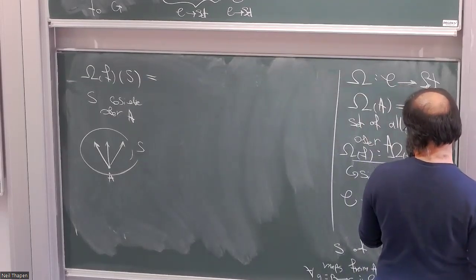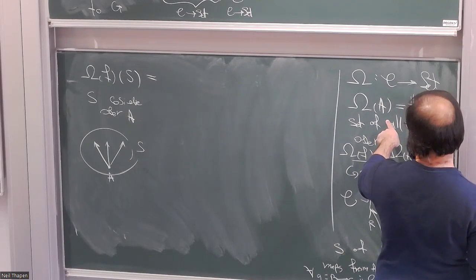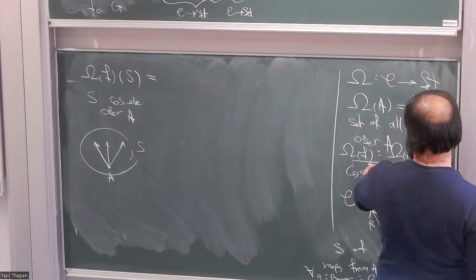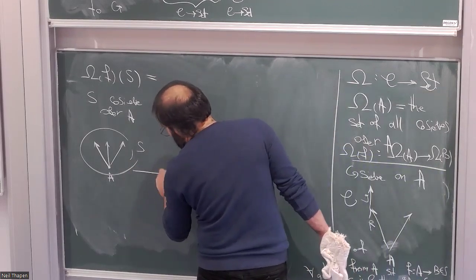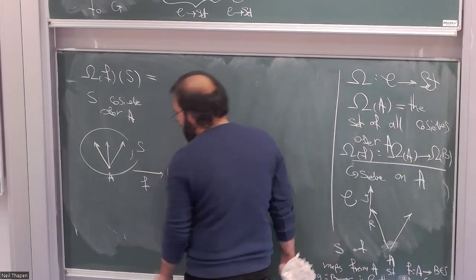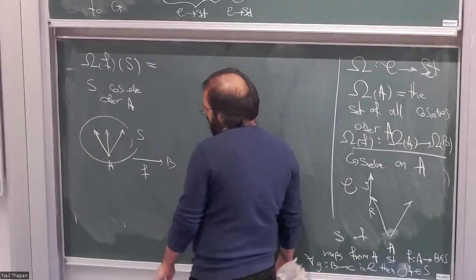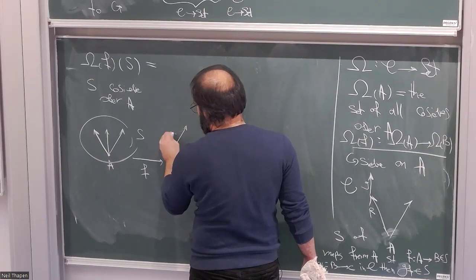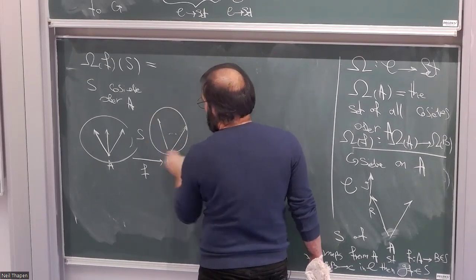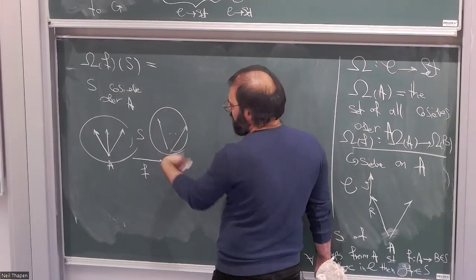What is omega of F? So I have F from A to B. I have a co-sieve over A. Then I have a map from A to B, F, and I have to come up with a co-sieve over B. So what should be the co-sieve?